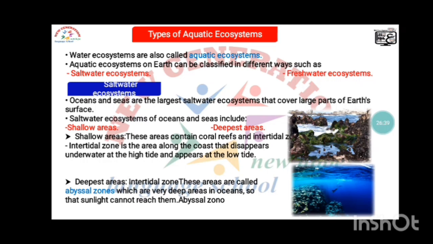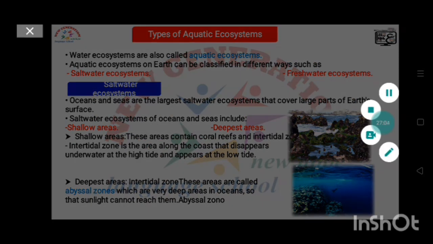Let's start with saltwater ecosystems. Oceans and seas are the largest saltwater ecosystems that cover large parts of Earth's surface. Saltwater ecosystems of oceans and seas include shallow areas.